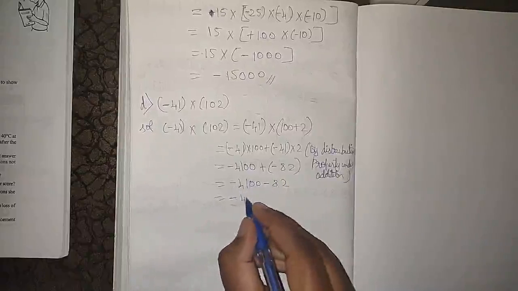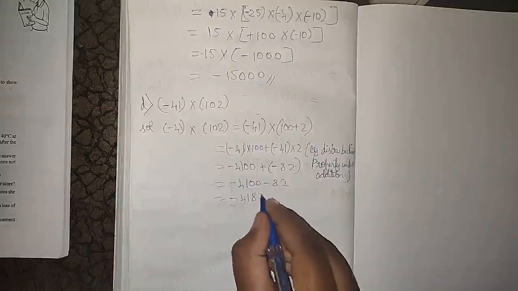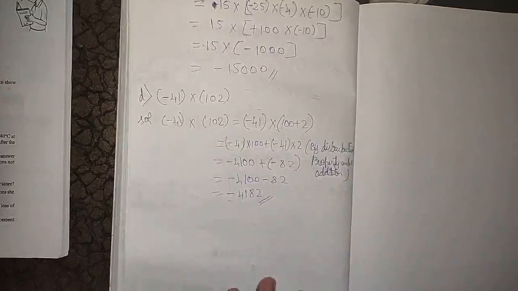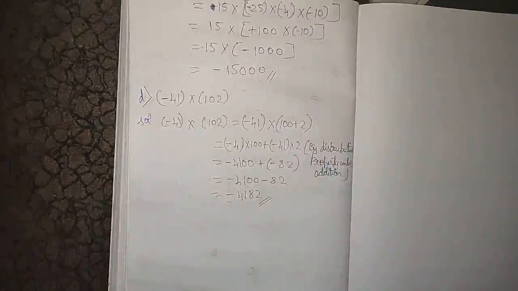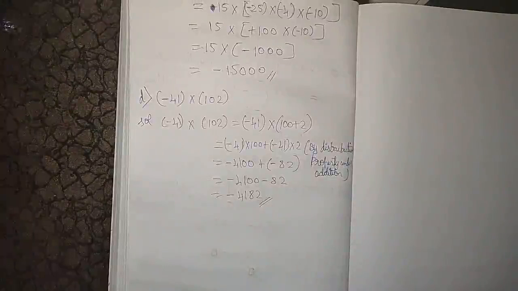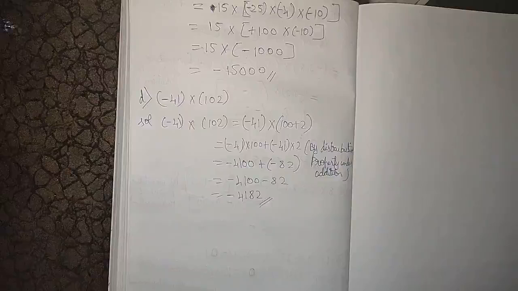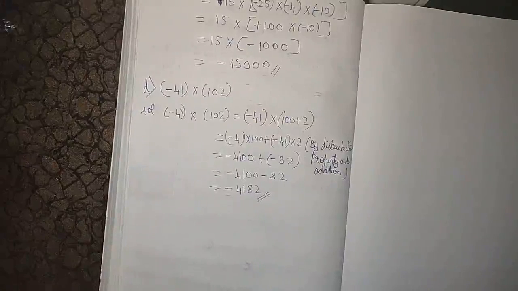If you add these two numbers, you will get 4182. So final answer will be minus 4182. Okay. So this will be your answer for your fifth question, D part.